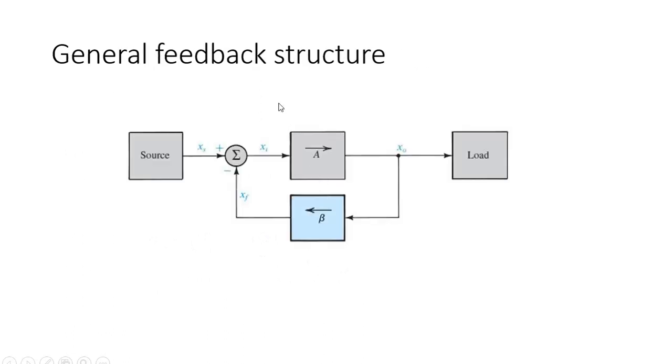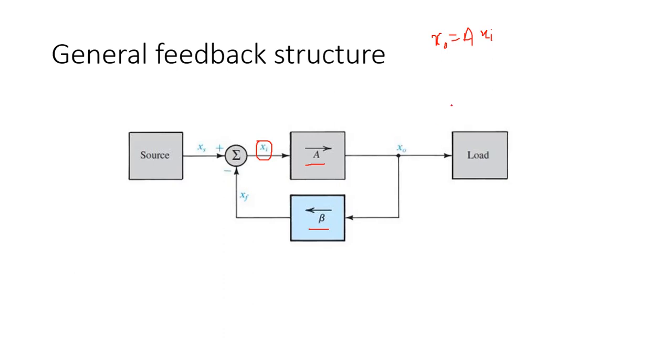So this is the general feedback structure. Here the X quantity can either be the current or voltage. The open loop amplifier gain is A. So X naught is related to the Xi signal. It is A into Xi. This output is fed back to the input of the amplifier through a feedback network.